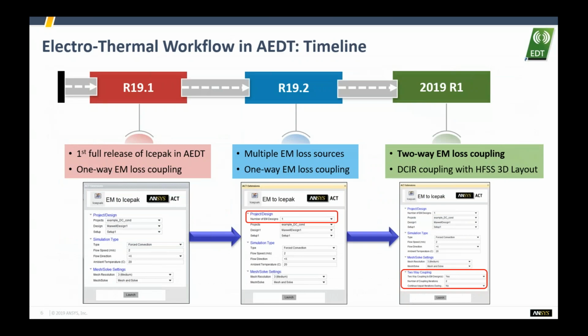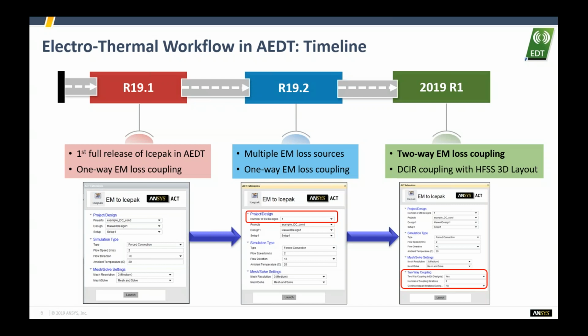Prior to R19.1, which is about a year ago, it was the first full release of IcePack in AEDT. Before that, IcePack, our electronics cooling tool, was a standalone tool dealing with electronics cooling, but it really falls into the CFD category.